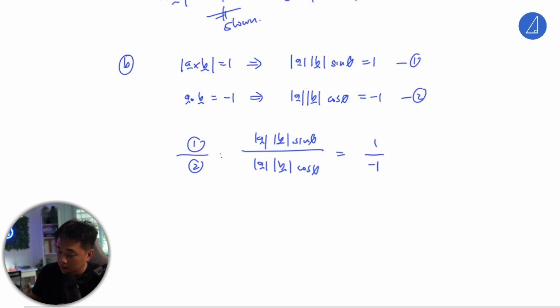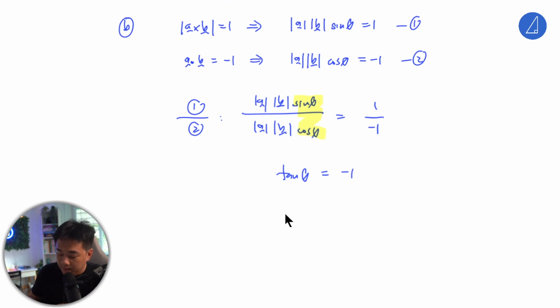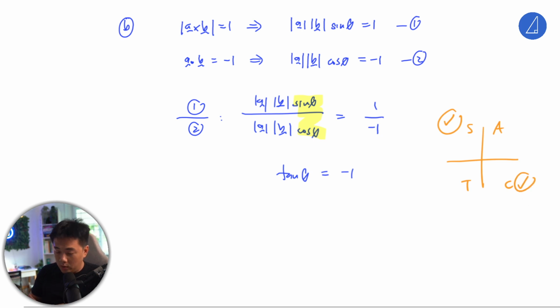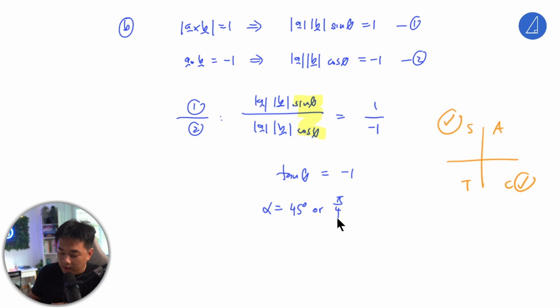So in this case, this will be tangent theta equals minus 1. For tangent to be negative, using ASTC, it is either the second quadrant or the fourth quadrant, right? So you know the basic angle alpha is 45 degrees, or in radians, pi over 4.